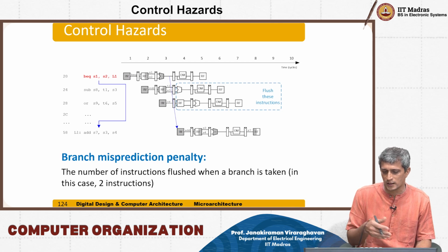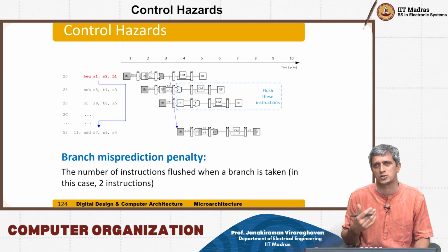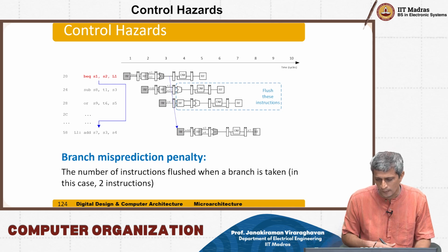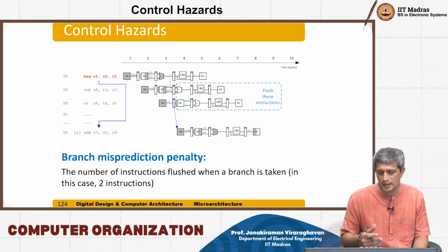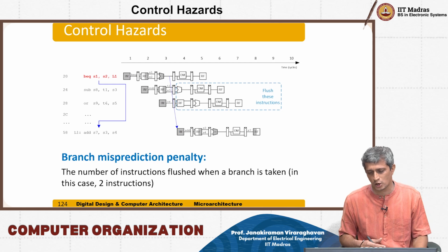Likewise, in clock cycle 3, the OR instruction is fetched, and in the next cycle you are going to decode T6, S5, and then perform the operation and all that.